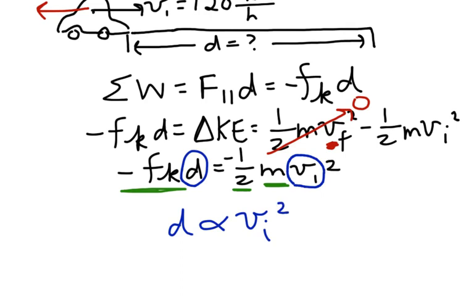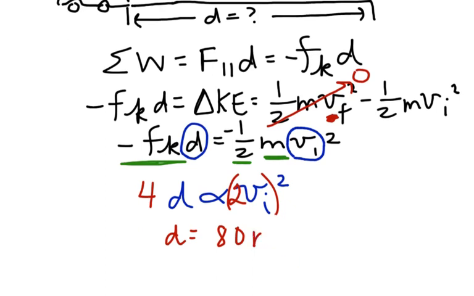So in this particular problem, the initial velocity was doubled, so let's double that initial velocity. Remember that we must square everything inside, so when I square everything inside, I end up getting 4 times the total displacement, or a final d value in this problem of 80 meters.